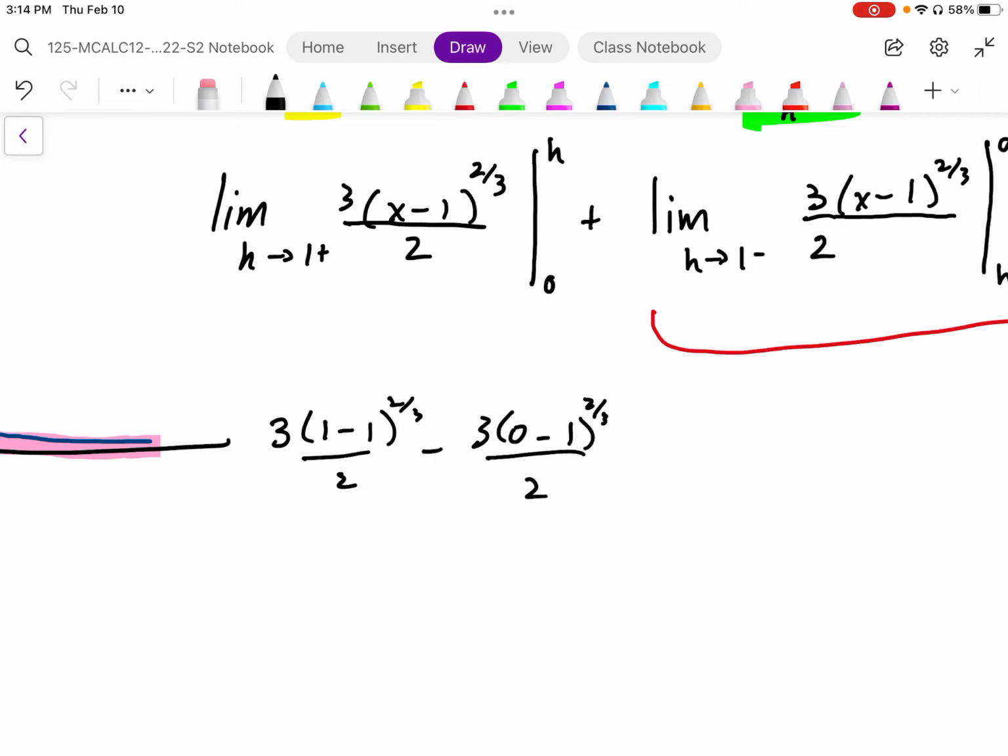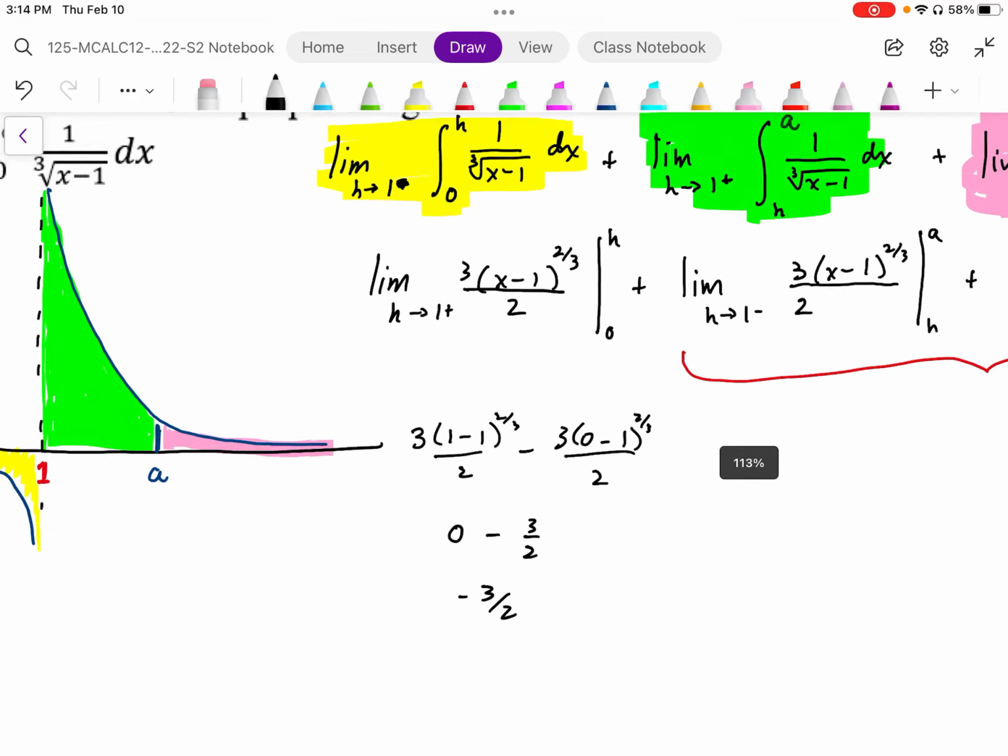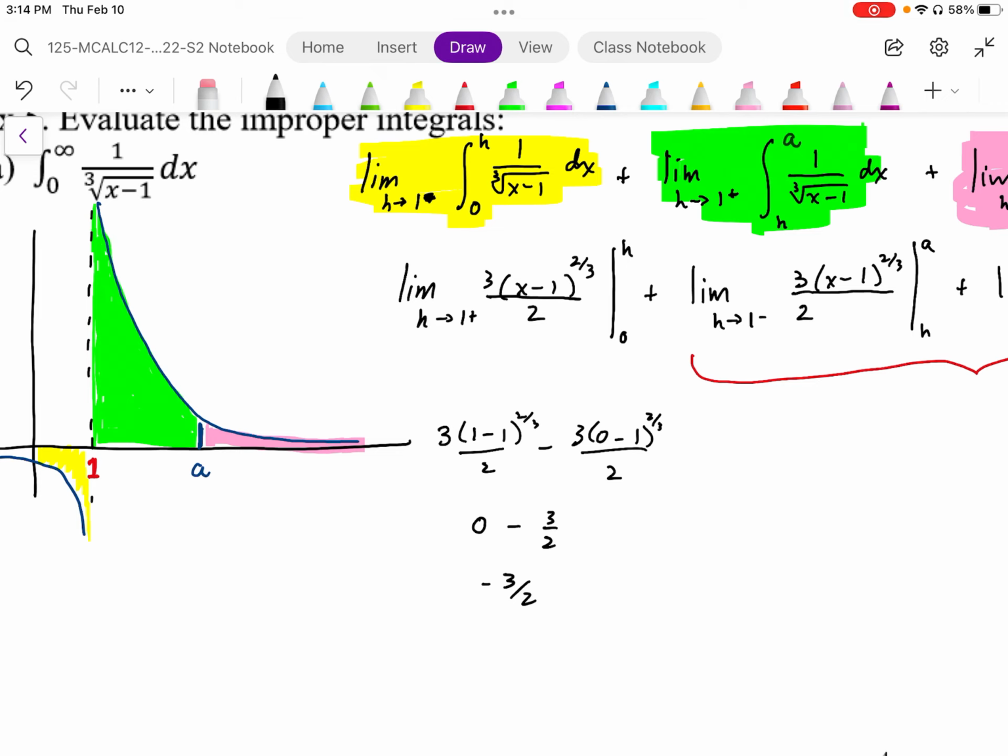And so working this out, this becomes 0 minus negative 1 to the 2/3, which is positive 1. And then that becomes minus 3/2. So this area is negative 3/2. So this represents this yellow area in here. That's going to be an area of 1.5, and it's negative because it's below the x-axis.